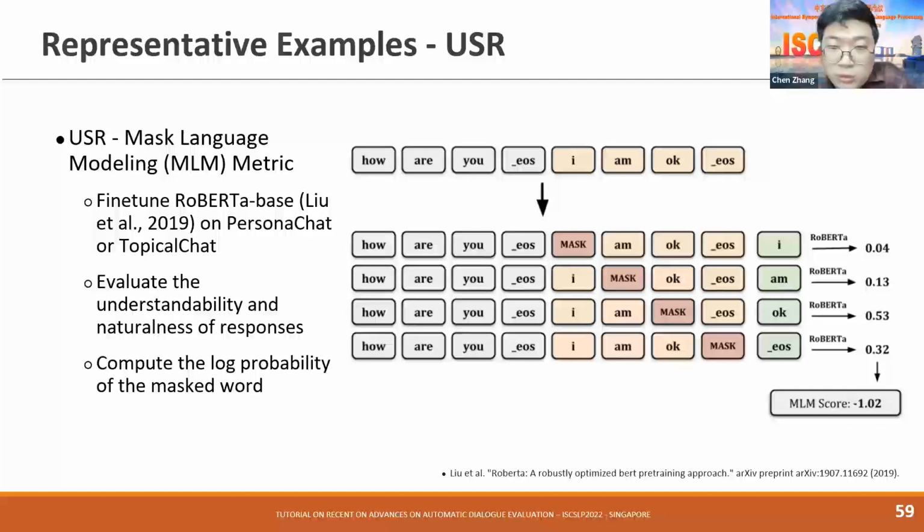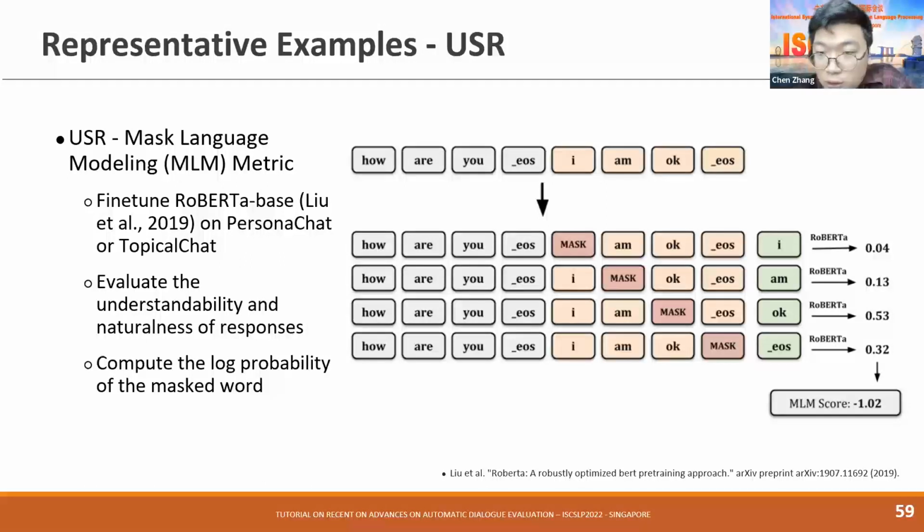So after the first contribution of introducing the USR data set, they propose the USR metric. Basically, the USR metric consists of 2 parts. One is the masked language modeling, the MLM metric, which is used to evaluate the understandability and the naturalness of the response. What they do is fine-tune a RoBERTa-based language model on the PersonaChat or TopicalChat data set. Then they compute the log probability of each masked word. For example, given the context, how are you?